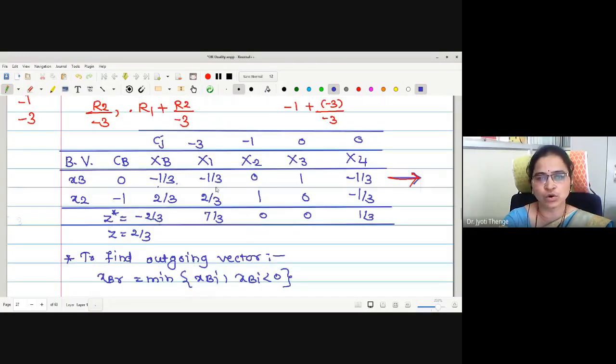Look at the first row. How many entries are negative? 2 entries are negative, no? This one and this one. Therefore, which ratios do we have to calculate? The net evaluation divided by the corresponding negative entry in the first row.